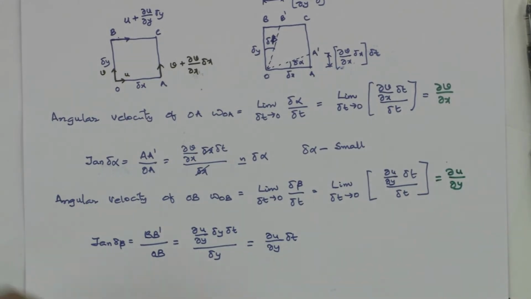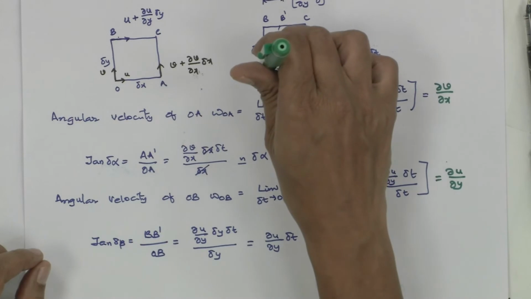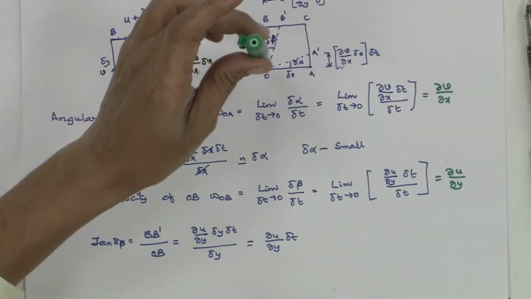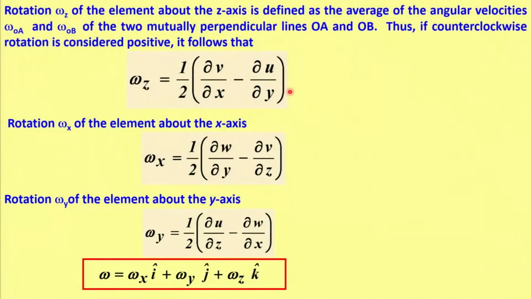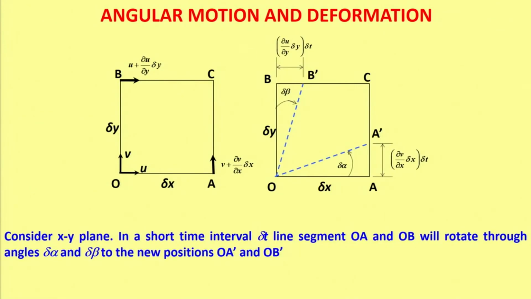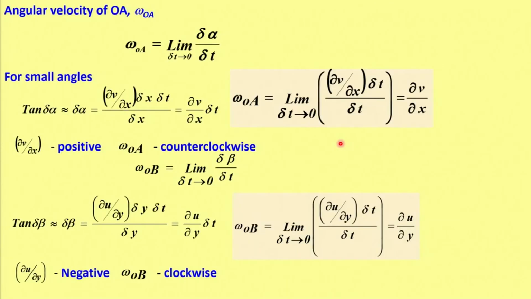Now for the rotation to happen, if this has to rotate about an axis perpendicular to this paper, it has to be omega z. Omega z is the average of omega OA plus omega OB. But if this is rotating counterclockwise, taking it as positive, clockwise I should take as negative.